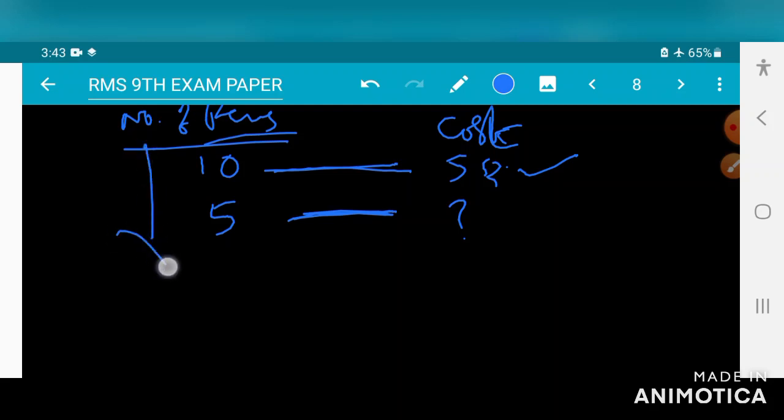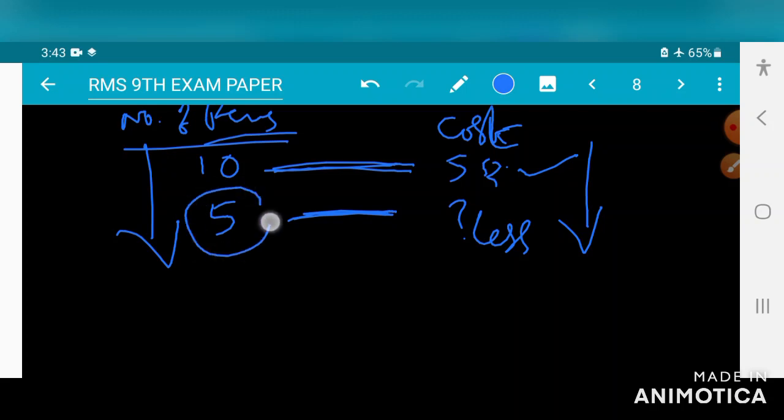So here the quantity of pens is decreasing and the cost should also be decreased, means less rupees. Understood? Once again I am explaining. See, here 10 pence cost is 5 rupees. And the question asks, how much cost for 5 pence?